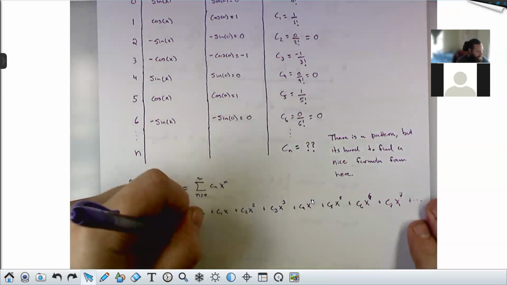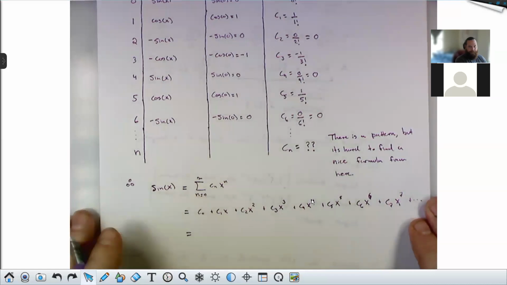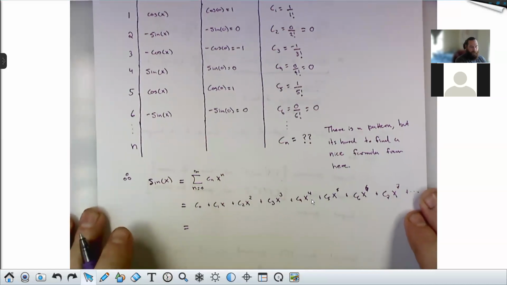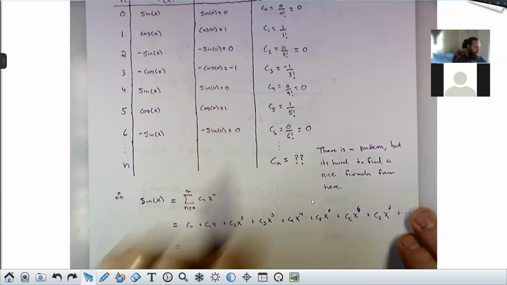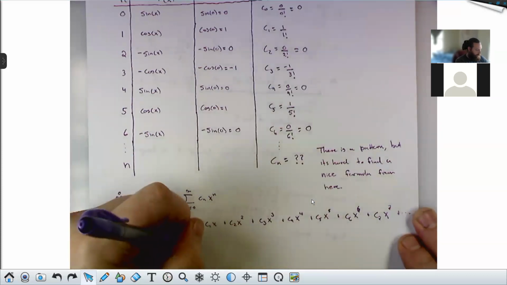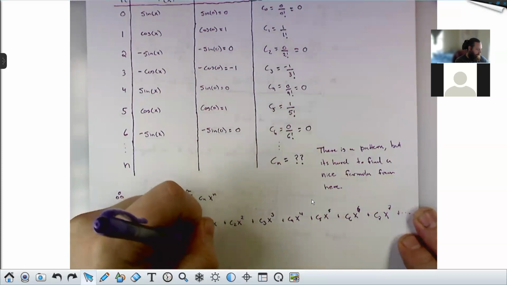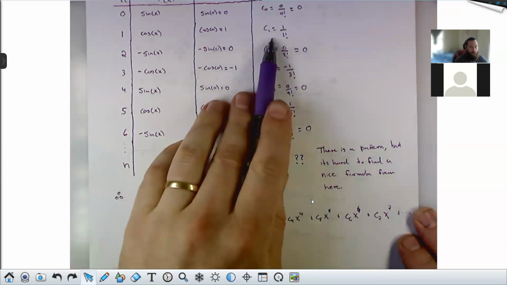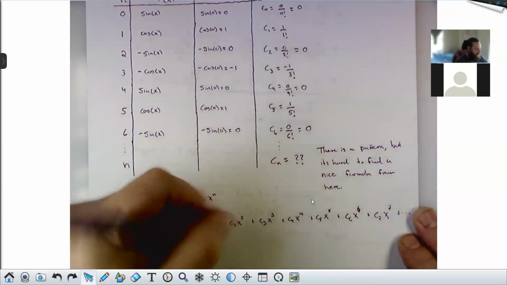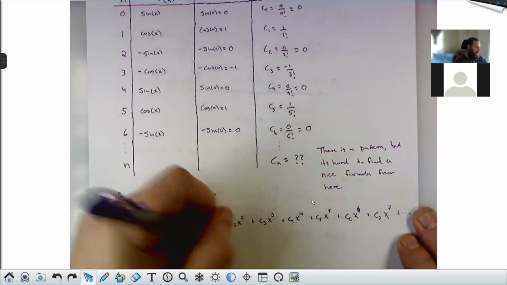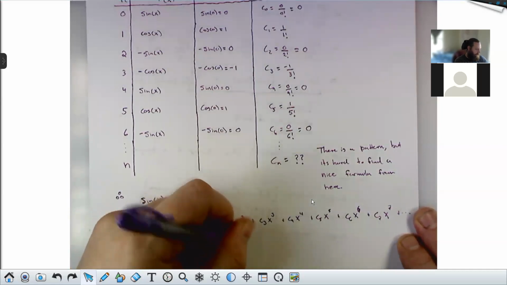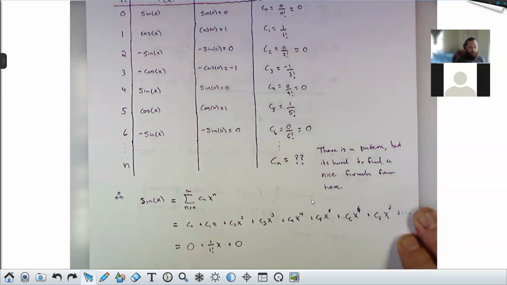A lot of these are 0. So stay with me on this. C0 was 0, plus C1 was 1 over 1 factorial. So I'm going to write that 1 over 1 factorial times x, plus C2 was 0.